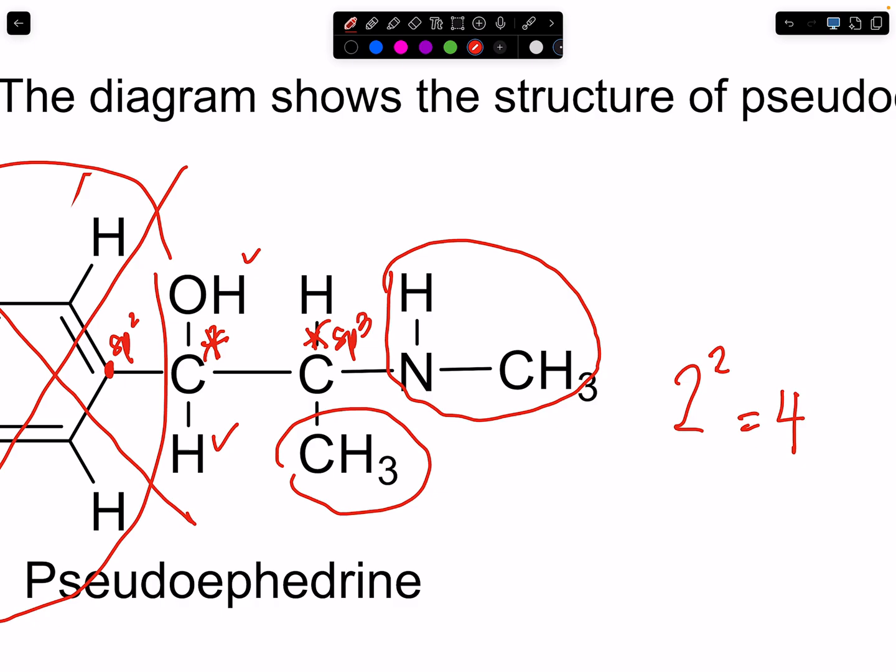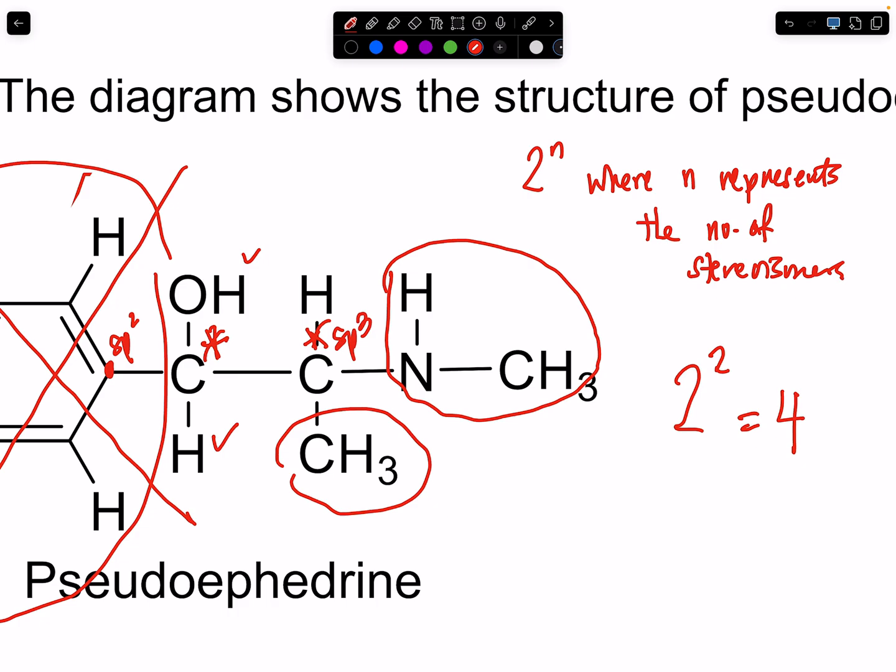So hence 2 to the power of 2. The formula that you all need to know is 2 to the power of n, where n represents the number of stereoisomers.